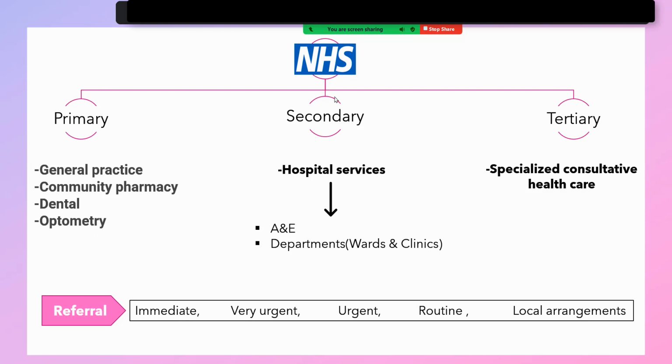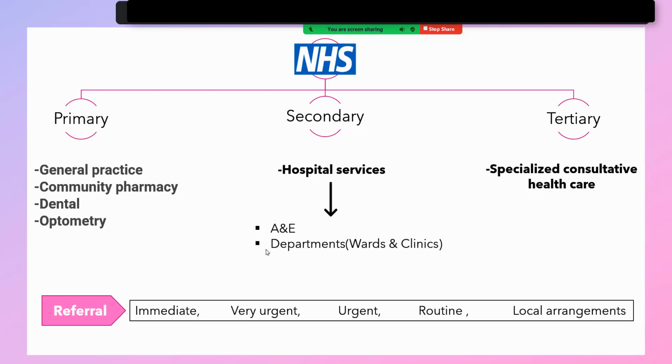Secondary care is the hospital services. In hospitals, you will find A&E, which is the emergency department, and the other departments. Like what? Like neurology, ophthalmology, cardiology, respiratory, and so on.